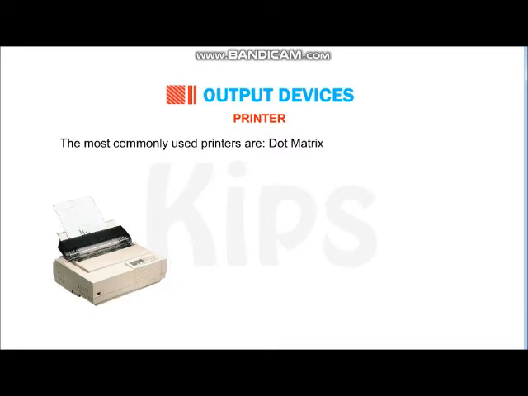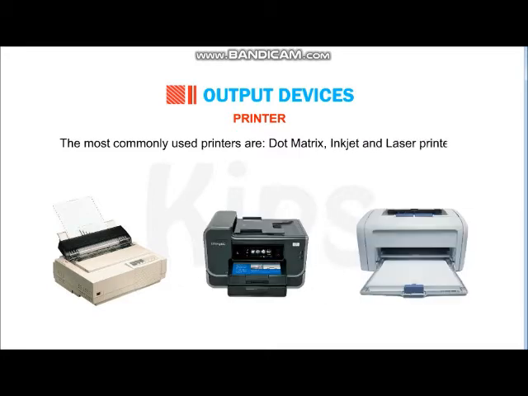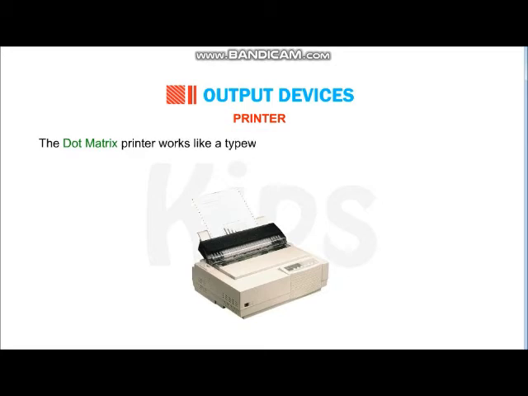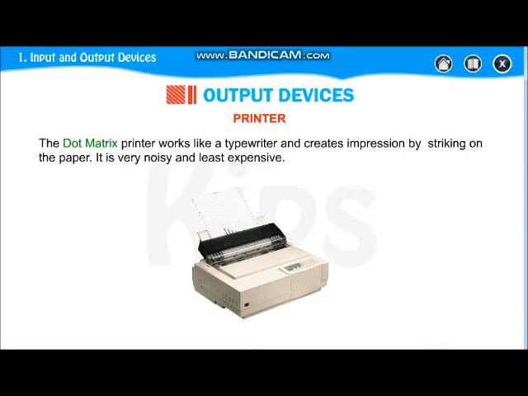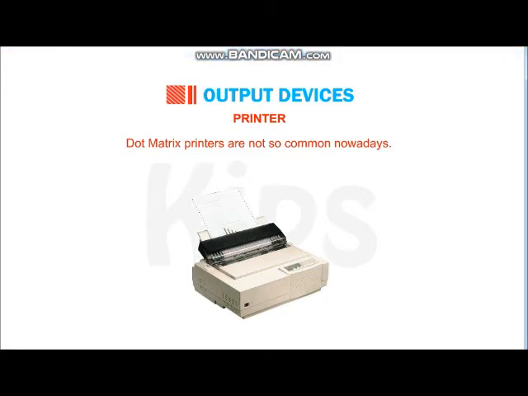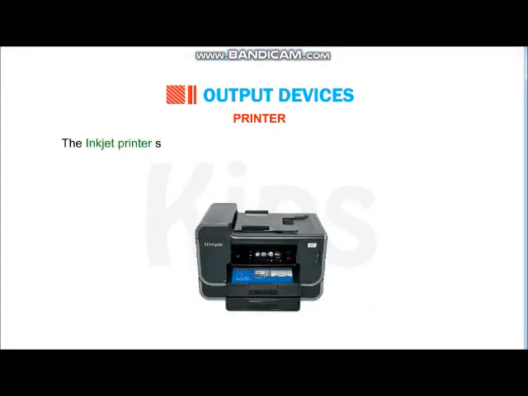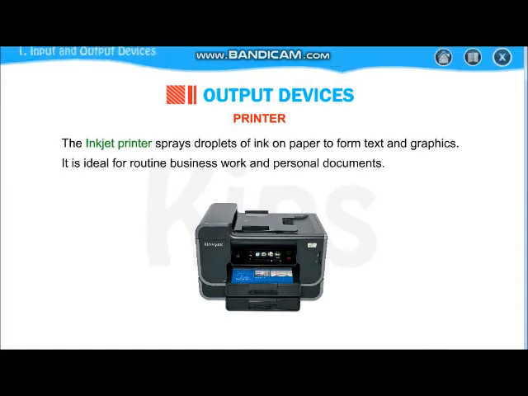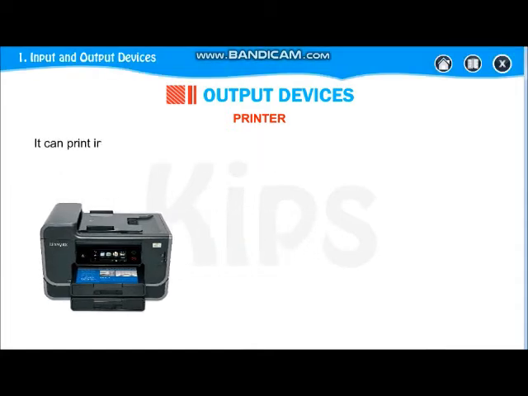The most commonly used printers are the dot matrix printer, inkjet printer and laser printer. Dot matrix printers work like a typewriter and create noise. Inkjet printers produce high quality images on the paper. They spray the ink, and the ink falls as wet droplets on the paper.